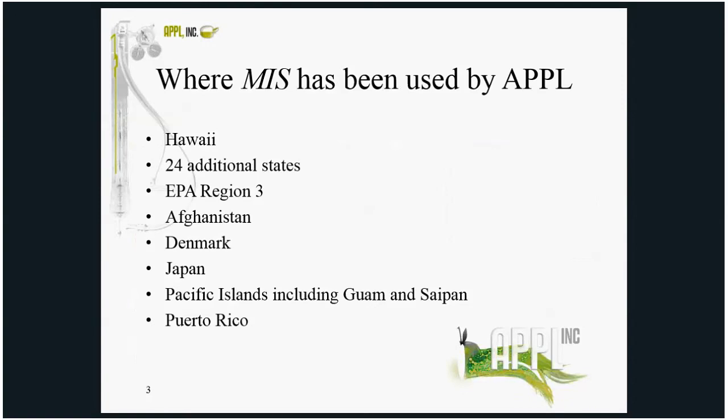We have also used MIS in several foreign countries. We've run it for explosives, including perchlorate and picric acid, metals, pesticides, dioxins, and volatiles, using various combinations and permutations of MIS. Roughly a third of our work is MIS.